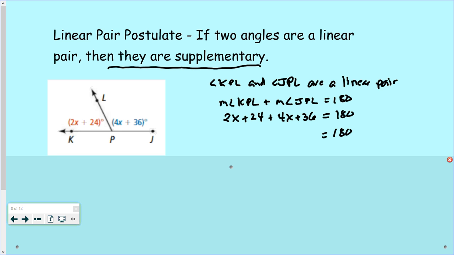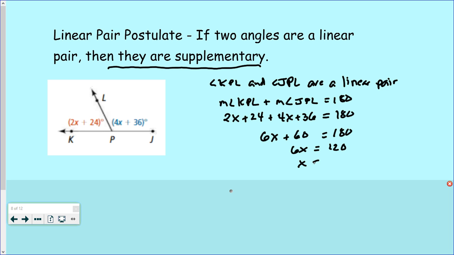On the left side, combine the like terms. 2x and 4x is 6x. 24 and 36 is 60. Subtract 60. Divide by the 6. X is 20. So 2 times 20 plus 24 makes 64 for this angle.